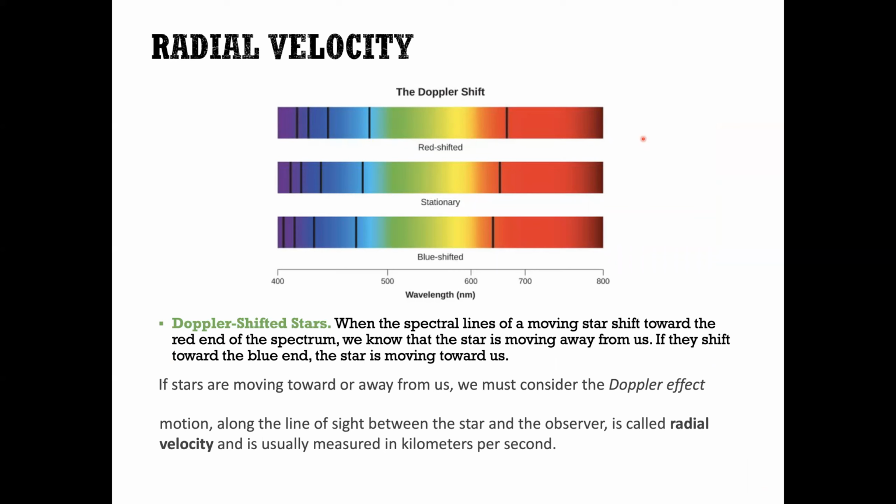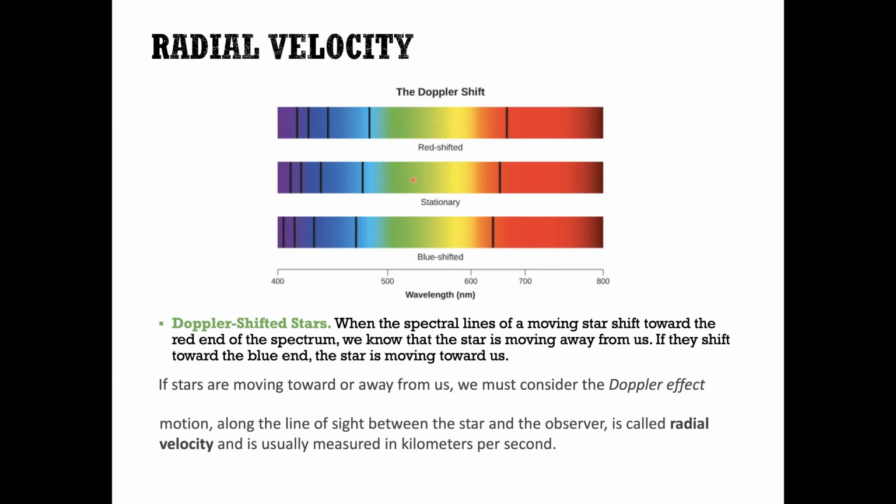Now, when stars are moving, as I have shown you in this front page picture, there should be a way to measure their velocities, right? One type of velocity that we can measure is the radial velocity. Radial velocity is normally measured using Doppler shifts, right?